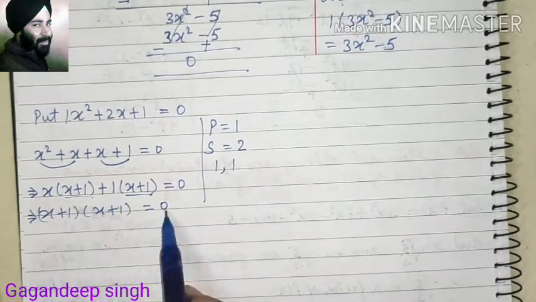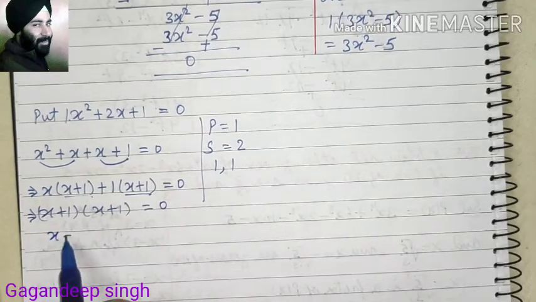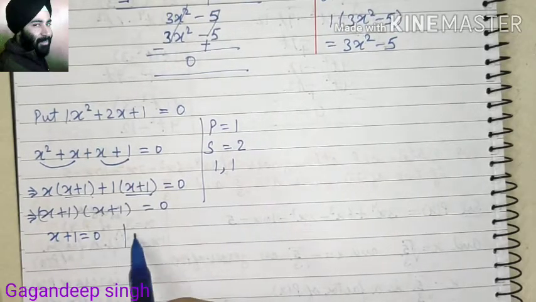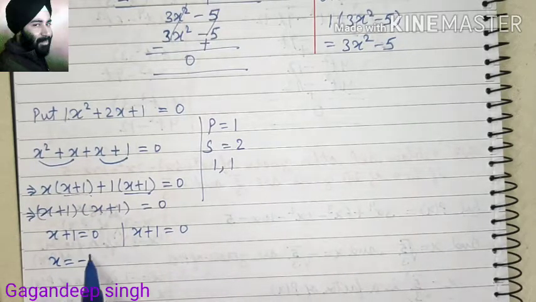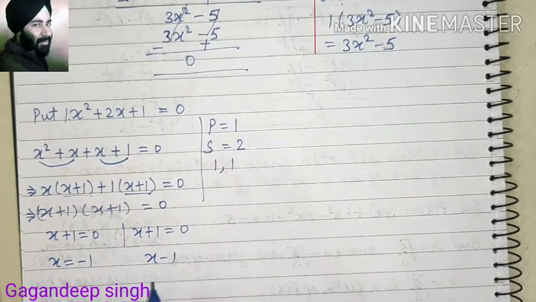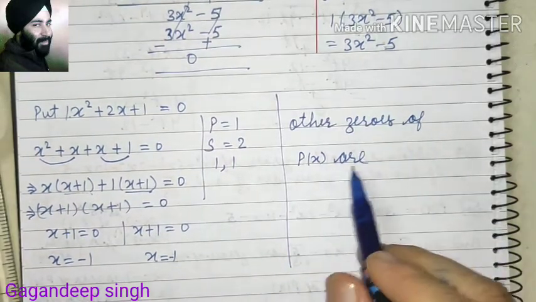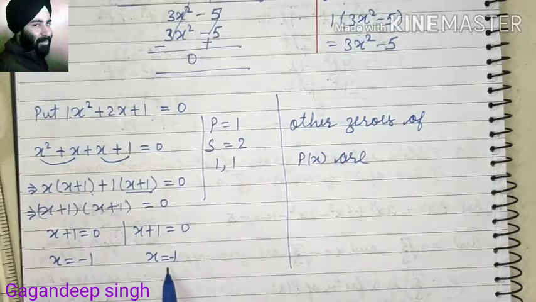Product of two bracket is 0. It means either first bracket is 0 or second bracket is 0. So x is equal to minus 1 and x is equal to minus 1. So other zeros of polynomial are minus 1 and minus 1.